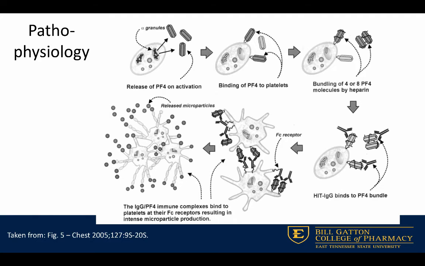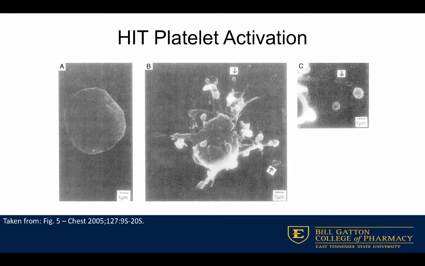So I'm going to change slides, and this is taken from the same issue of that Chest supplement, and this is an actual image. Here in panel A is a normal, non-activated platelet, and in B a platelet activated from a patient suffering with HIT.